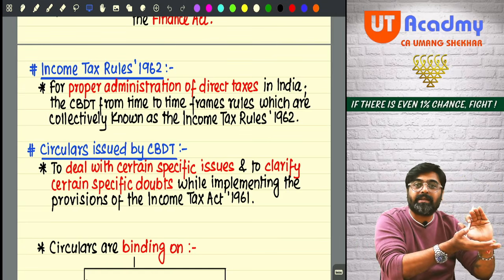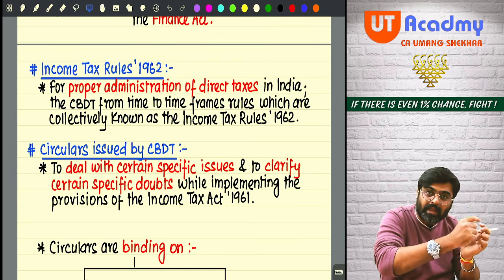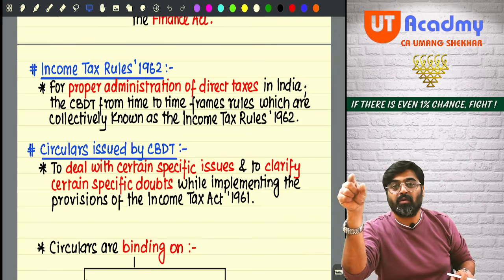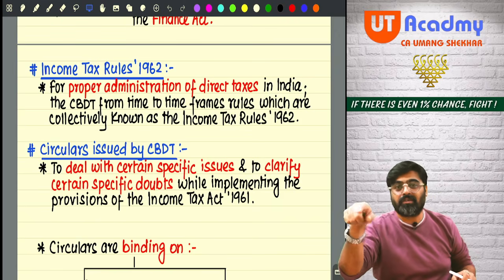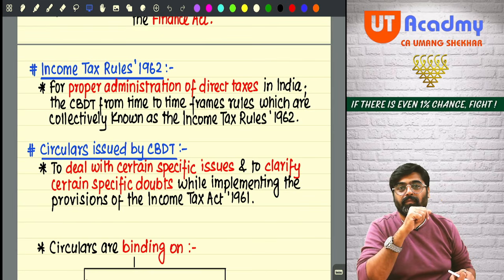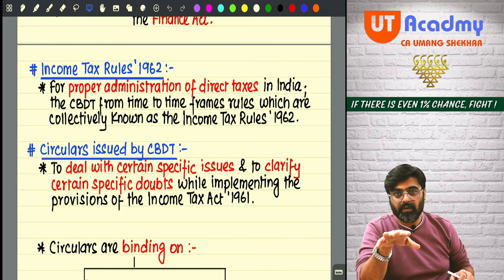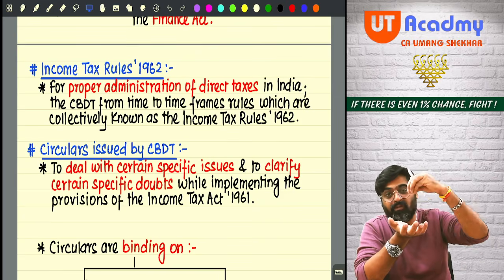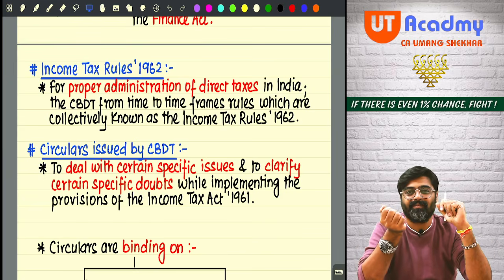And that rule book contains rules applicable to various sections. For this section, go to this rule. For this section, go to this rule. Right? And by following that rule, you will be able to give effect to this provision.